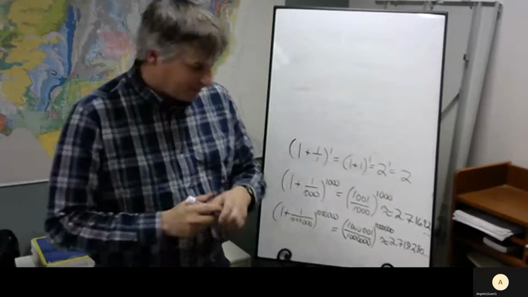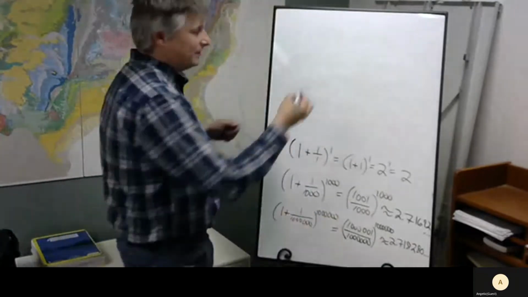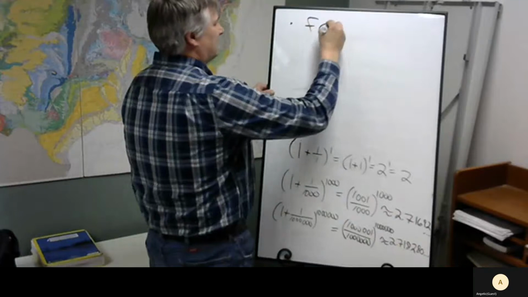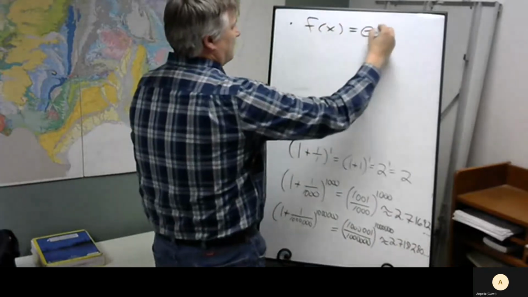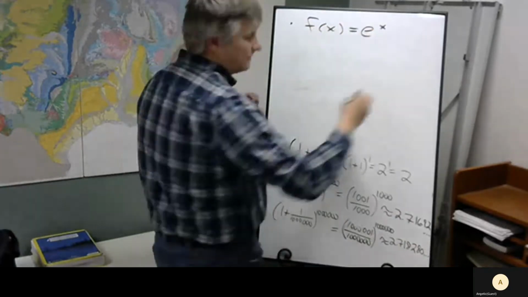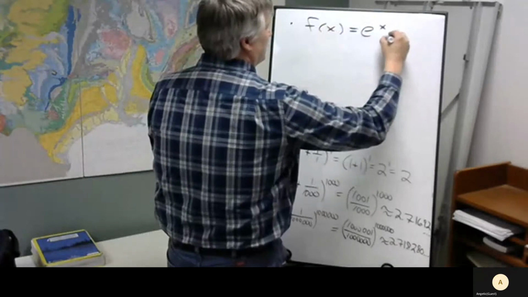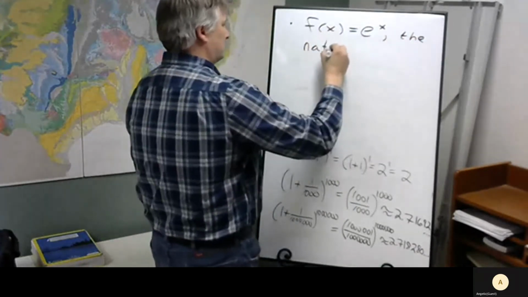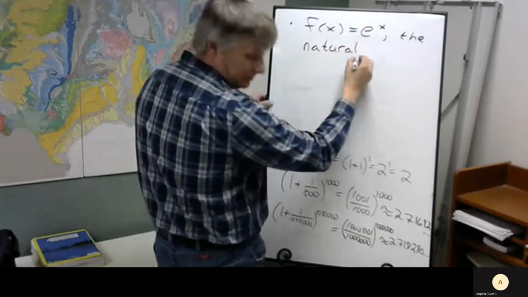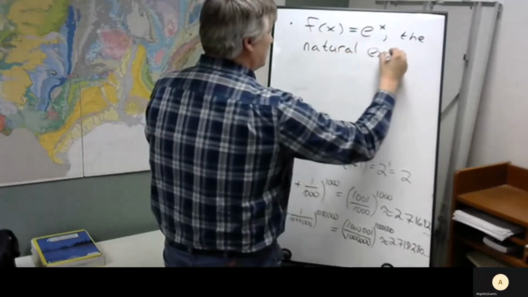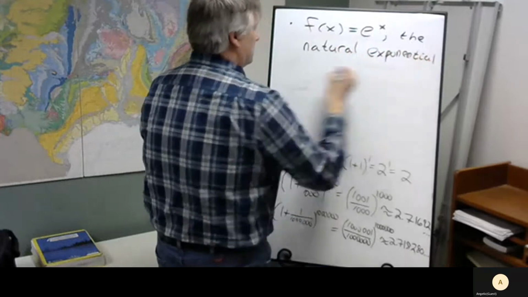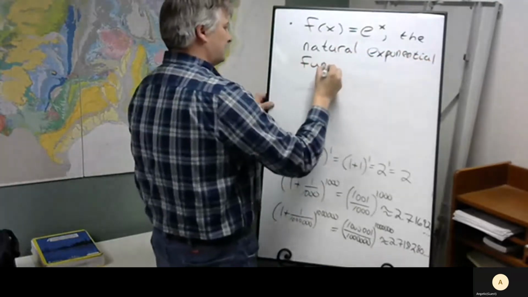Anyway, so what we're talking about is this: f of x equals e to the x, and this is called the natural exponential function.